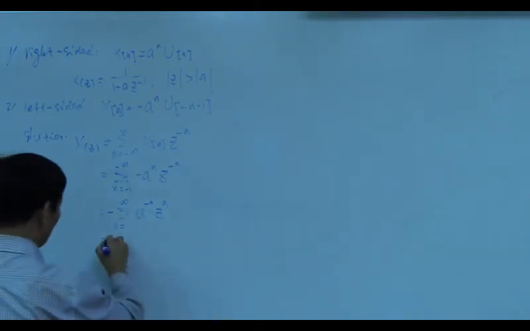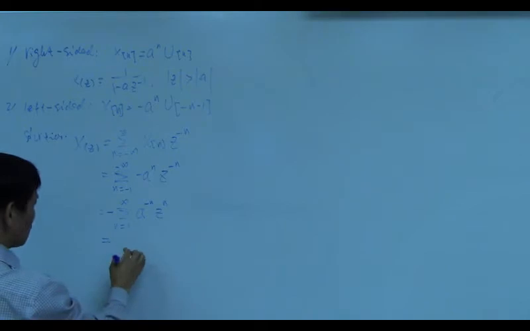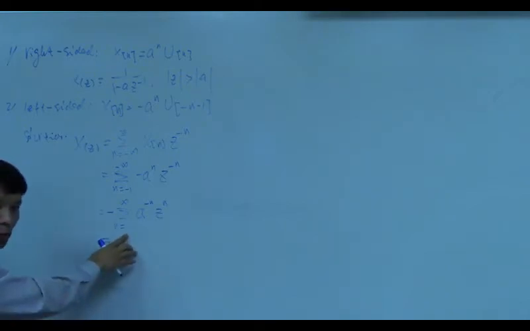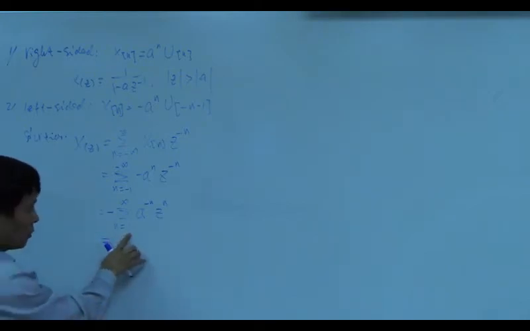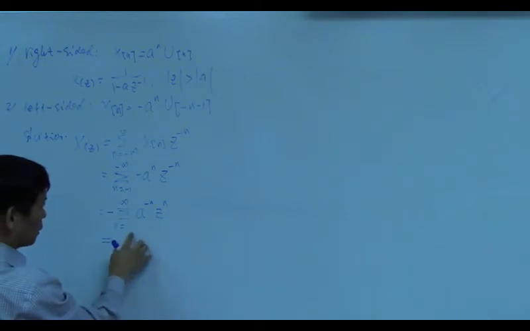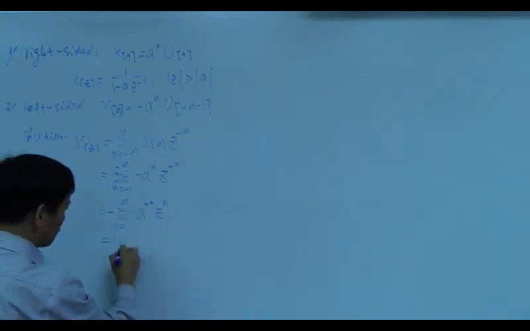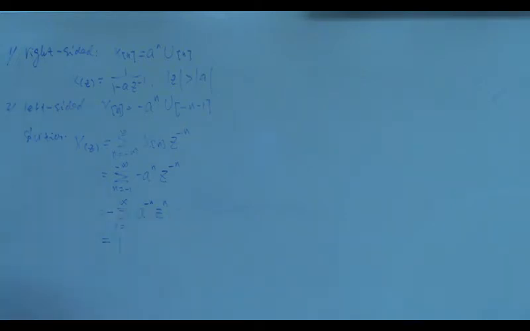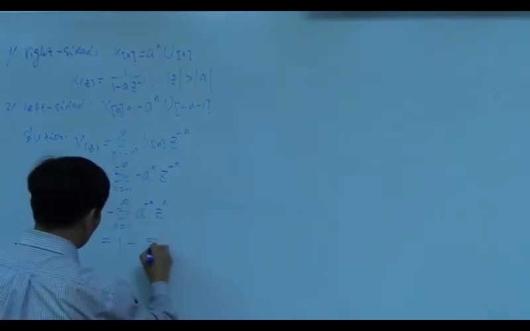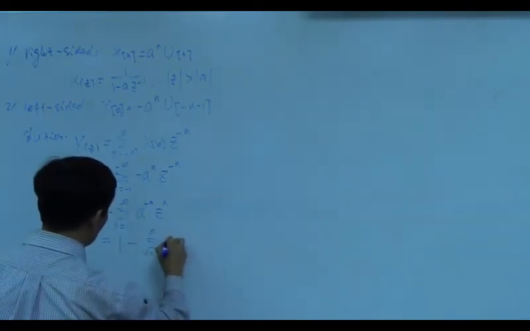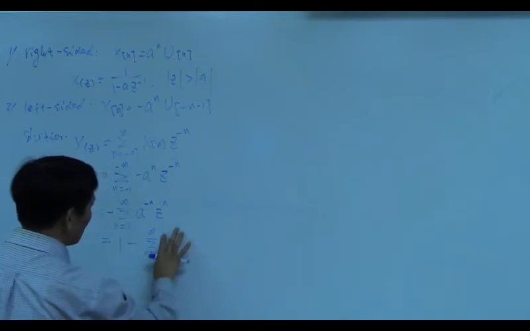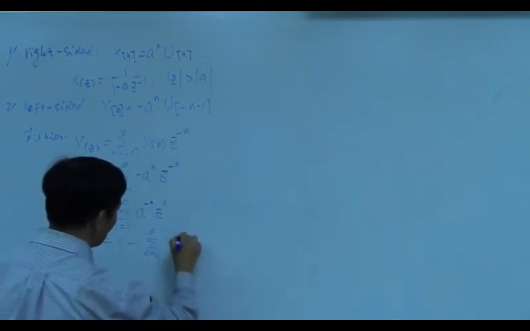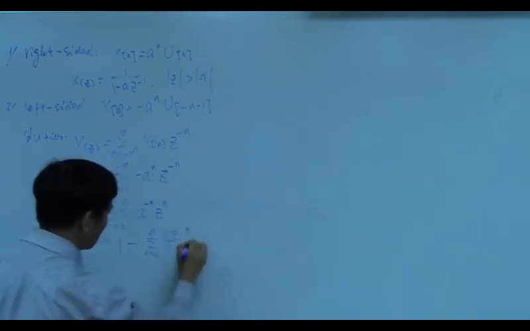And this one will be equal to, I still want to start from 0. So when n equals 0, this term equals 1. So I will put 1 here. Then minus the sum from n equals 0 to infinity, and I will write z over a to the n.